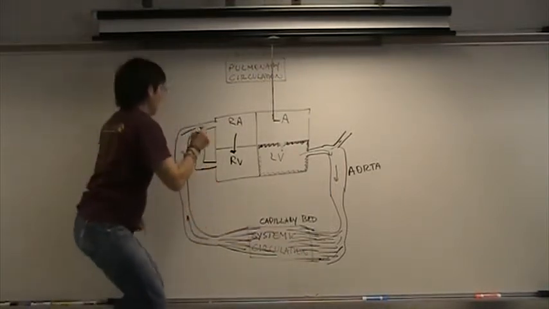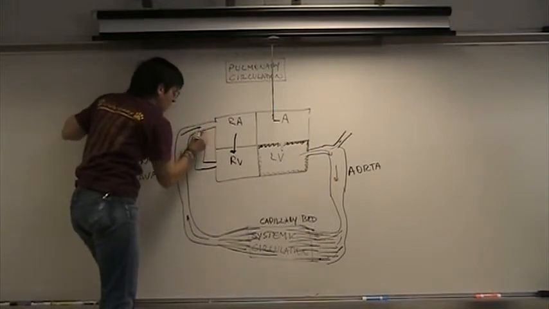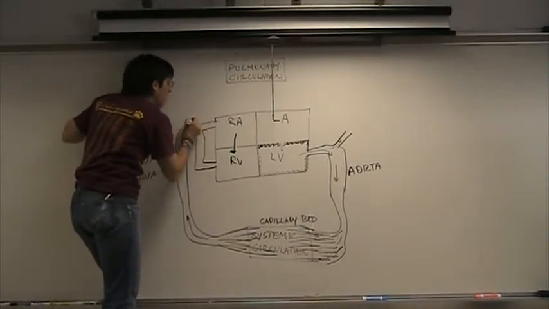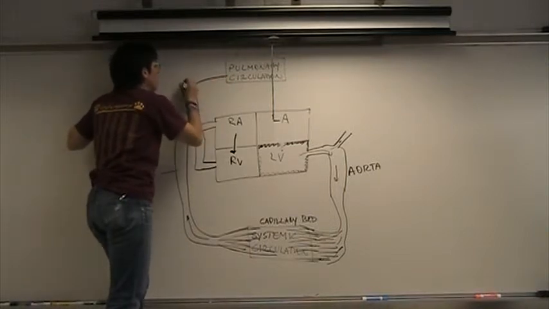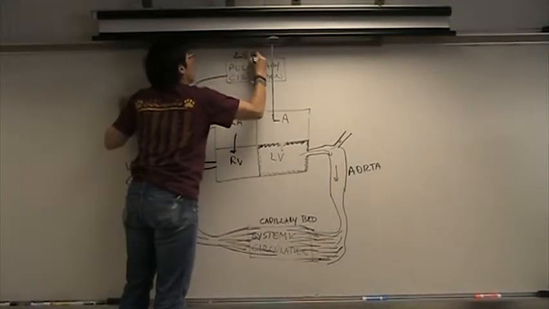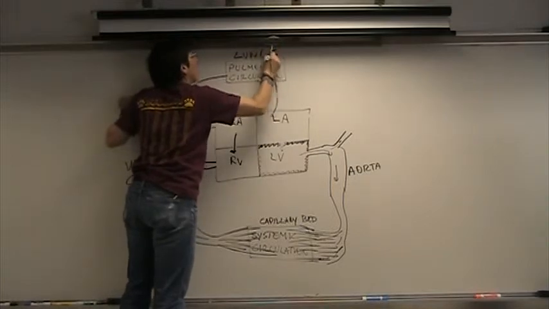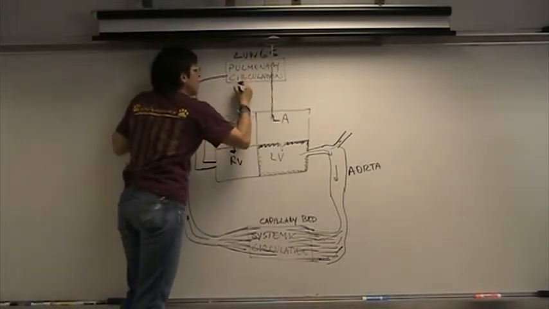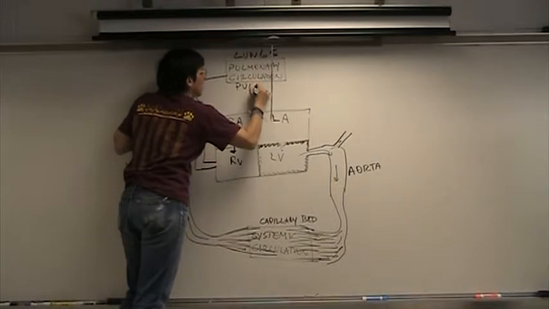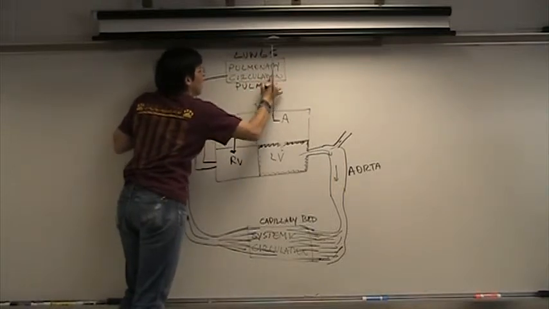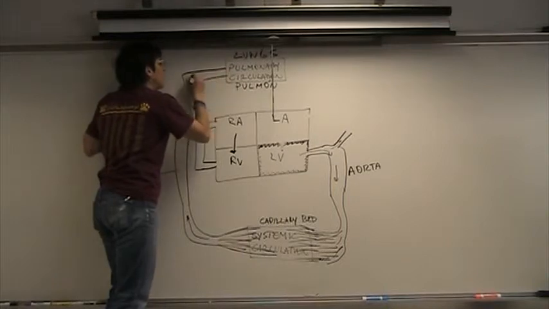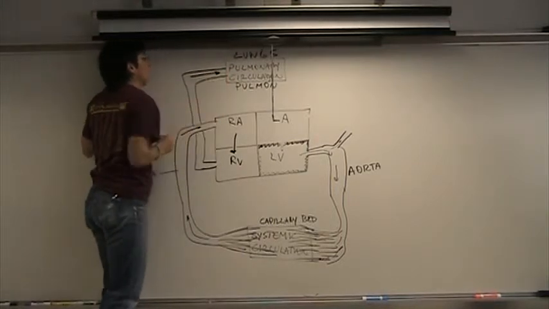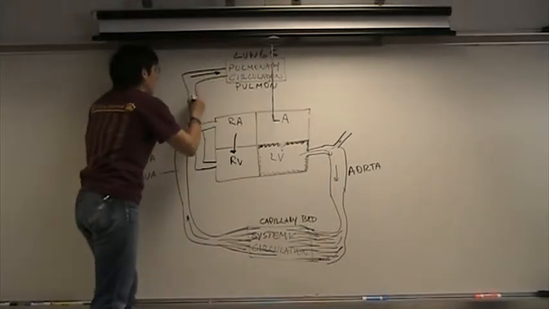From here, we are going to have an underpass here in the drawing. And this is going to your lungs. But if you know any Spanish, lung in Spanish is pulmón. So this blood is coming right here to your lungs.